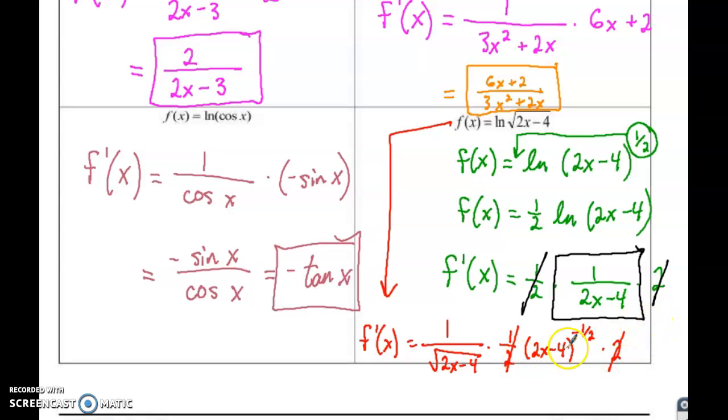And then you could look at that and say, oh, well, that's the same thing as 1 over the square root of 2x minus 4 times 1 over the square root of 2x minus 4. Well, wait a minute. The square roots, when you multiply them together, will cancel. Will give me that answer. So I'm going to let you pause, watch, make sure you understand, and I have to make another video to finish these notes.